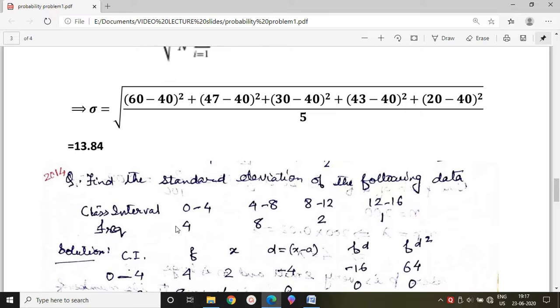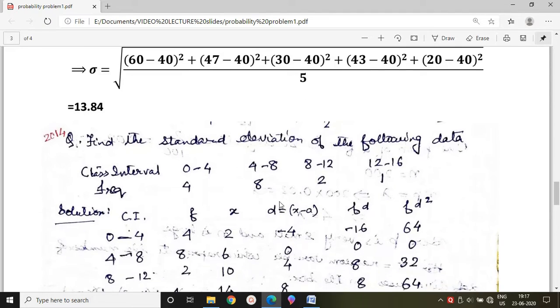You have to find the standard deviation of another problem. Here you have class intervals 0 to 4, 4 to 8, 8 to 12, 12 to 16. You are also given the frequency values 4, 8, 2, 1. It was asked in 2014.